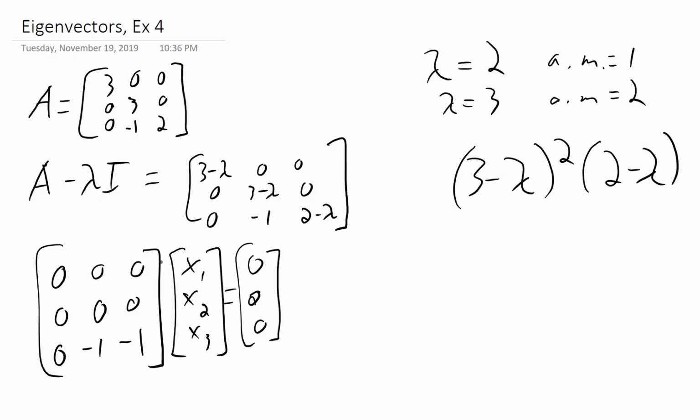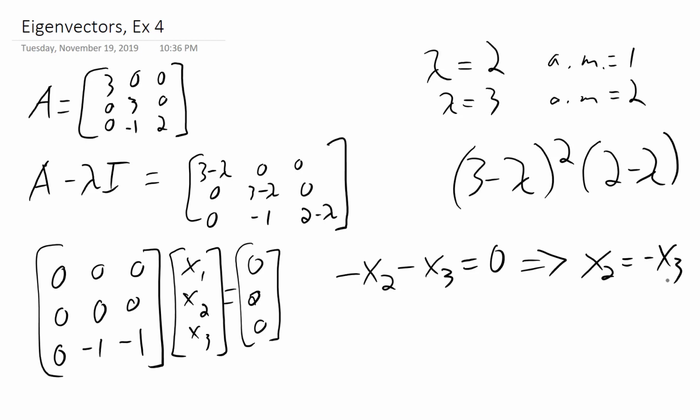True, but uninteresting. The second one also says 0 is equal to 0. So that's not a whole bunch of use to us. The last one says that minus x2 minus x3 is equal to 0, or in other words, x2 is equal to minus x3, or x3 is equal to minus x2, however you want to think about it.